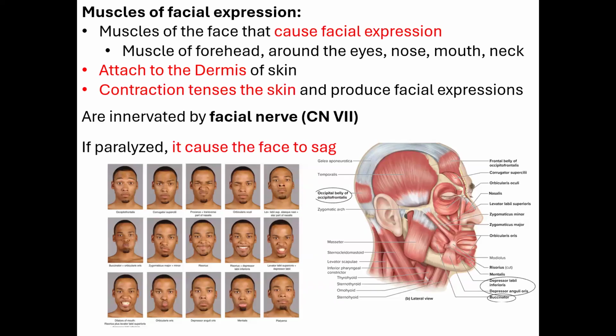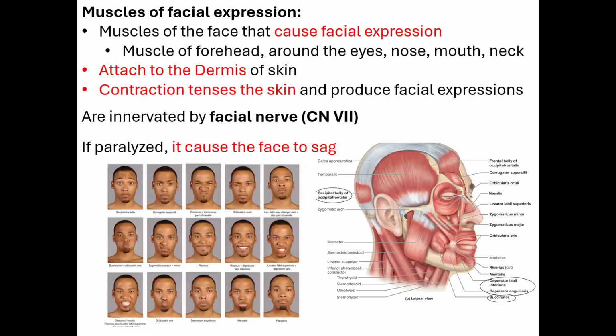So when I am talking or when I'm smiling, why is the skin moving? Because muscles are attached to bone, right? But here, muscles are attached to the skin. Where in the skin? The subcutaneous layer, yeah. So not the epidermis, but the dermis and the hypodermis.